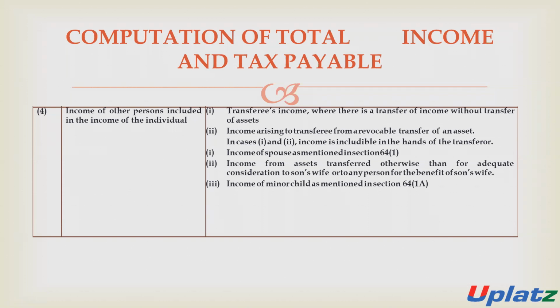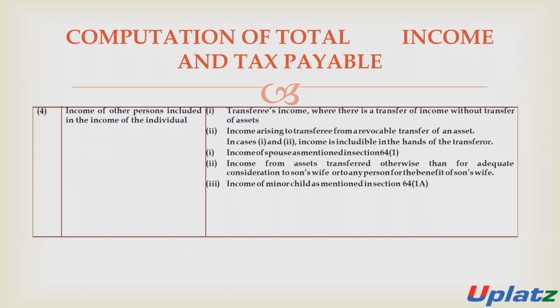Income arising from a revocable transfer of assets: when there is any income arising from a revocable transfer of assets, then such income will be taxable in the hands of the transferor.